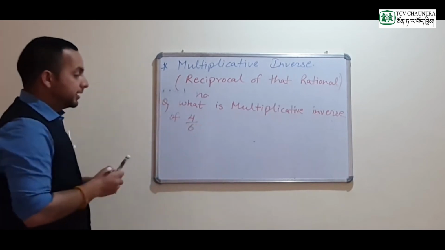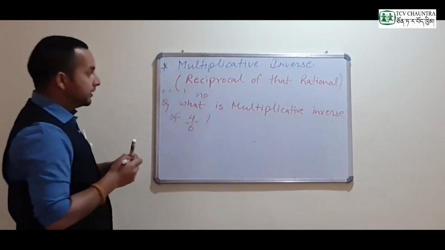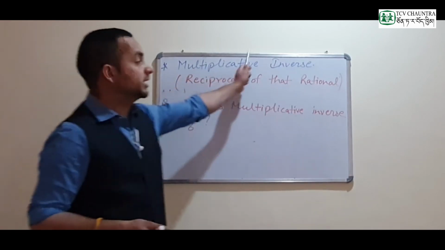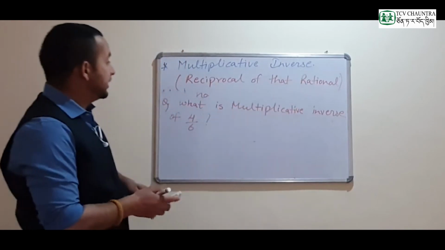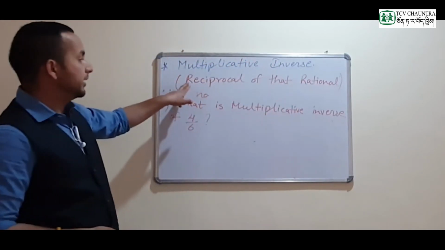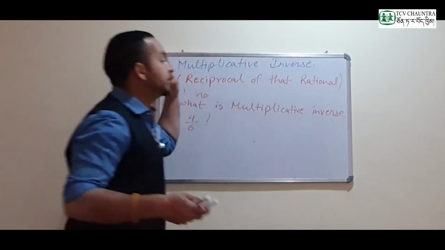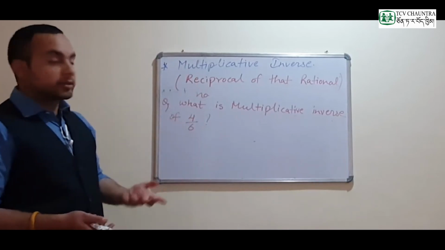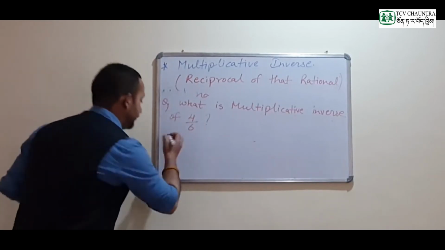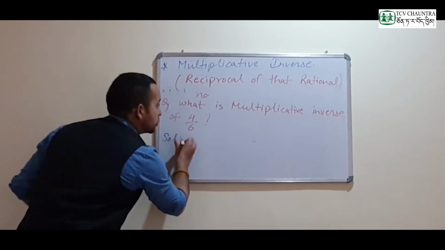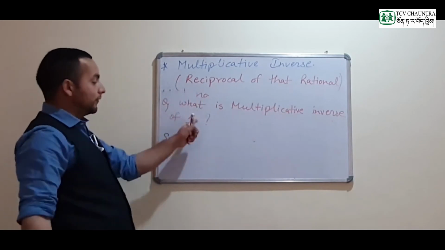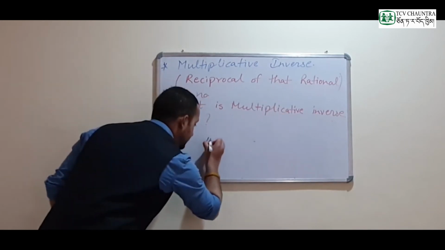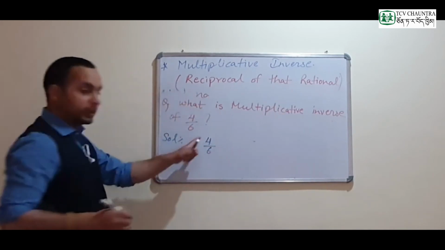4/6? Multiplicative inverse means the reciprocal of that rational number. Now we are going to solve this. What is the multiplicative inverse of 4/6? So 4/6 is a number.